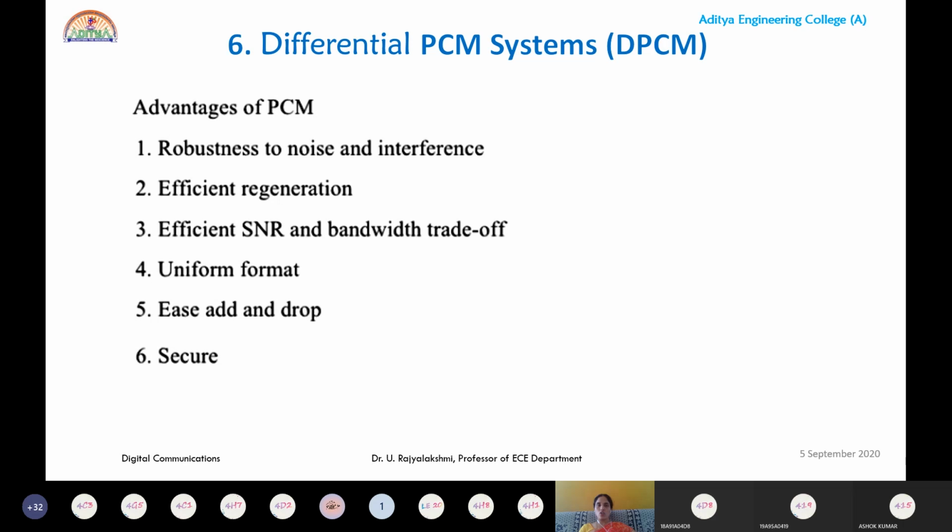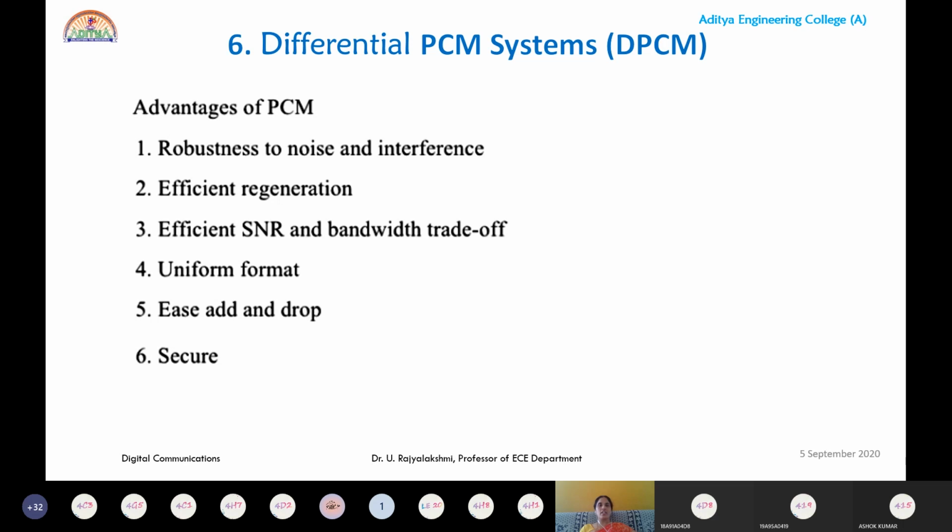The last advantage is that it is highly secure, because you are encoding it into secure data. Because of good source encoding techniques, you can provide good security to the PCM signal, which is nothing but the data sequence. So the data is highly secure, and strangers cannot capture it.